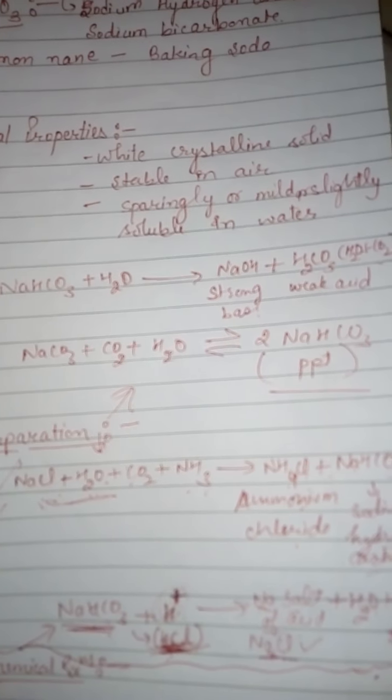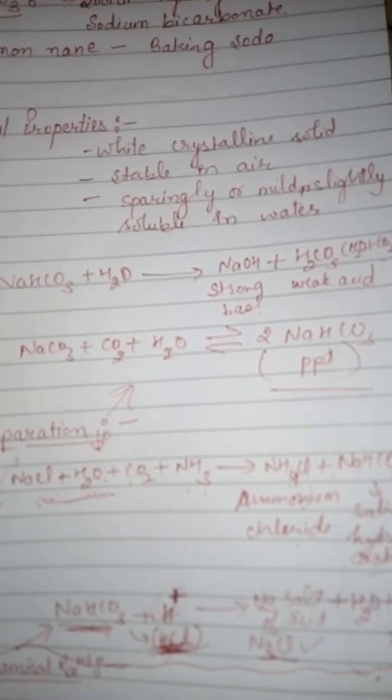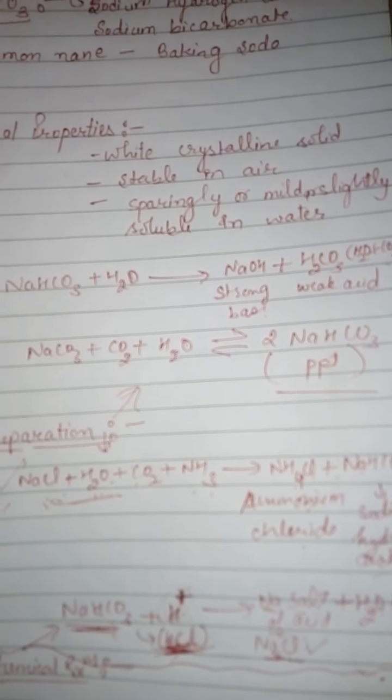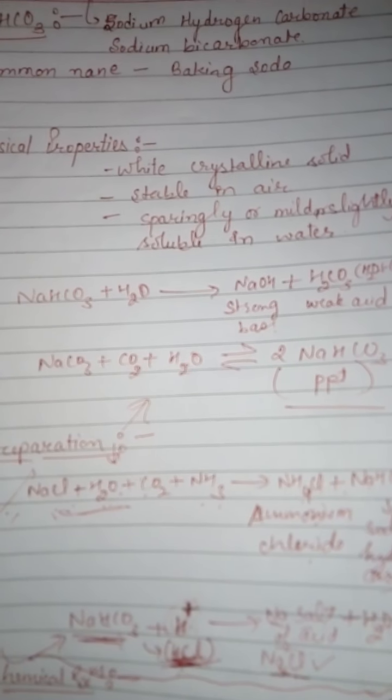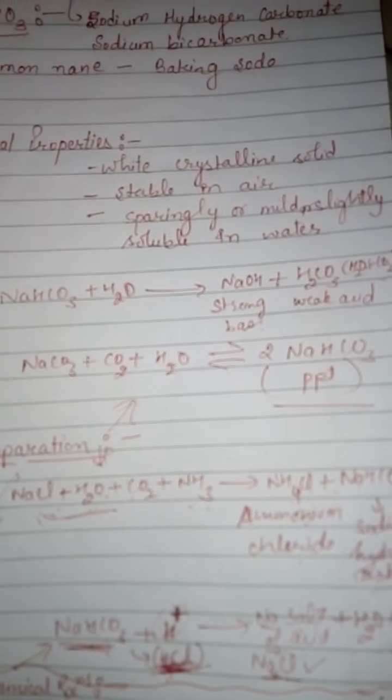Actually baking powder is a mixture of baking soda and a mild edible acid, and that acid is tartaric acid.